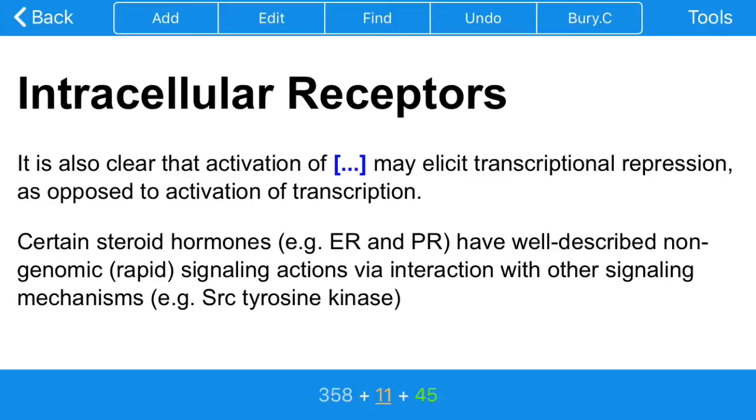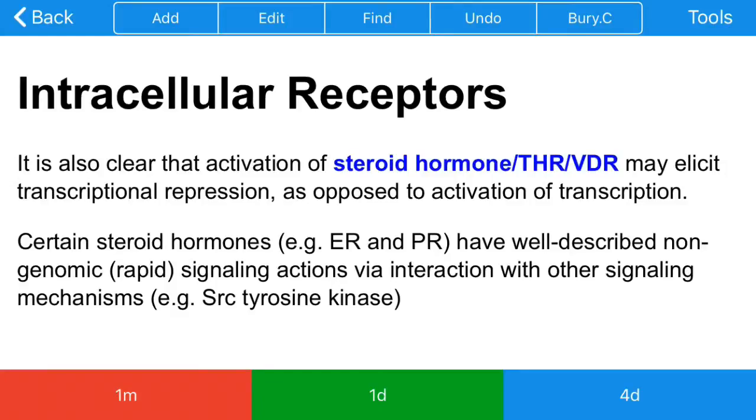That would be, what are my examples? Steroid hormones, thyroid hormone stimulate, and TSH and I think VDR. I'm not entirely sure. Thyroid hormone, or thyroid hormone receptor, right? VDR.